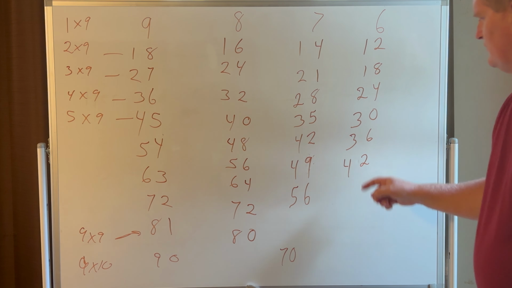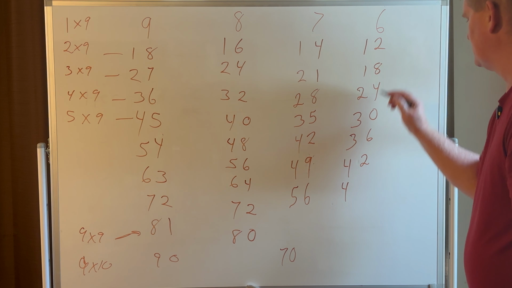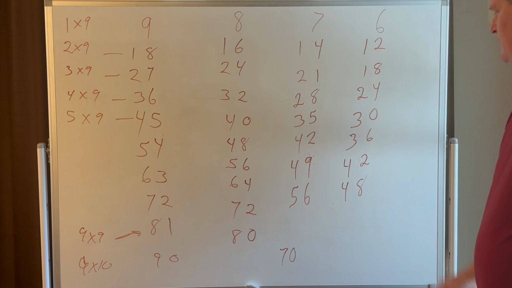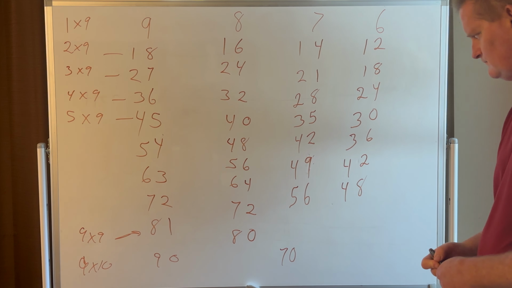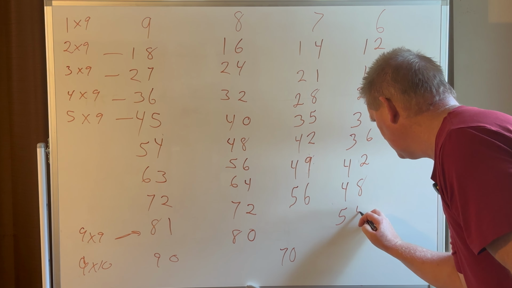We can't go down by 4 anymore, so we have to add our 6 back in. We keep our first number. 6 plus 2 is another 8. Now we can subtract 4 again. That gives us 54.